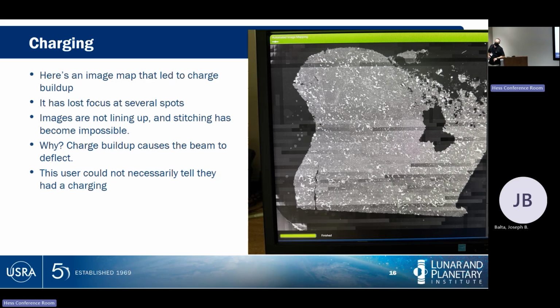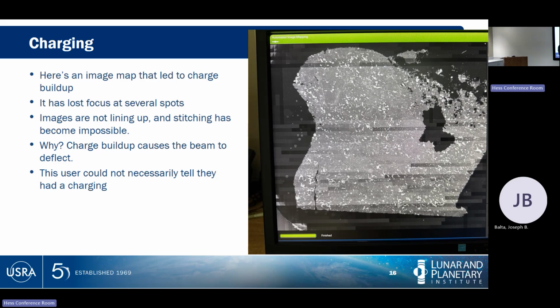This was a fun one. This was on our SEM. This was done about a month ago. One of our postdocs here wanted to do an image map over their sample, left it running for 9 hours overnight, and so this is a grid across it. This is the image quality that they got out at the end.